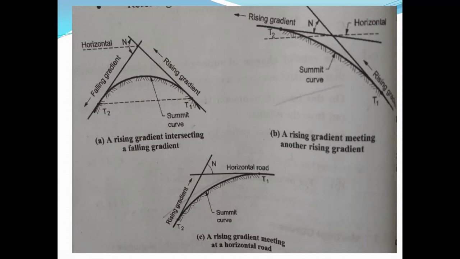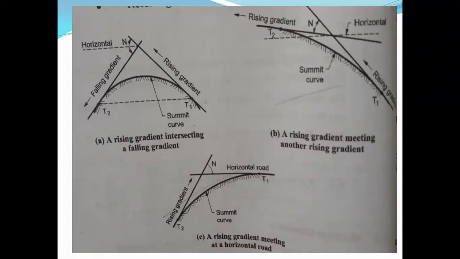Now remember these three cases of summit curve and the diagrams of these three cases. It is easy to understand. First case is rising gradient intersects the falling gradient. In the second case, the rising gradient meets another rising gradient, and in the third case, the rising gradient meets the horizontal road.